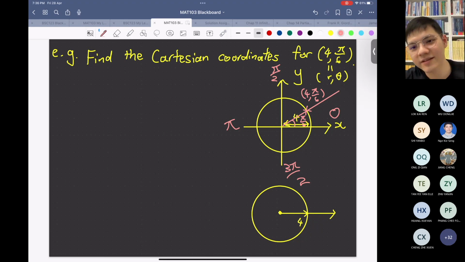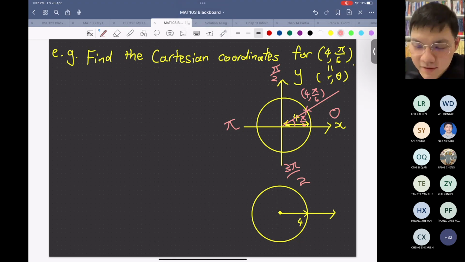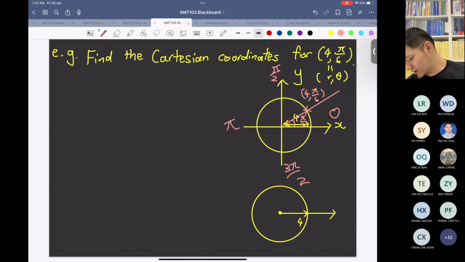Okay, your turn. Let me see what the time is. I give you 2 minutes. See if you can figure out what the xy is for this point here. How do you describe it as a Cartesian coordinate?